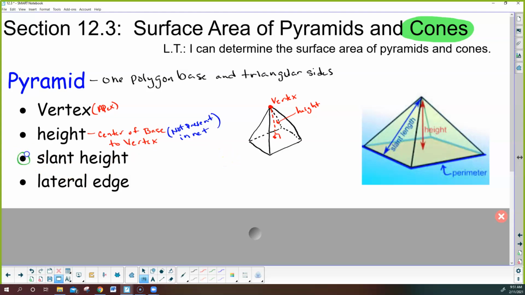Now, the slant height, we usually use the lowercase l to represent what the slant height is. And slant height is probably a new term. I don't think you've ever used the word slant height, but just from that word slant, it might tell you something. Now notice we have this here. You can see the slant height is actually the height of one of those triangles. So it's slanted.